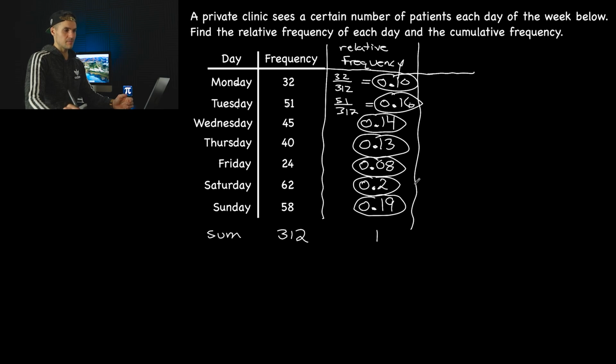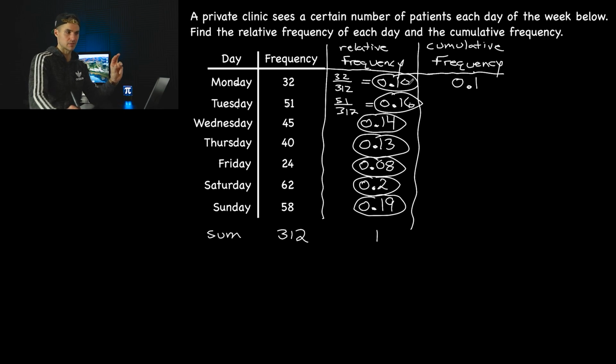The cumulative frequency is pretty simple once you have the relative frequencies. You're going to have 0.1 right here, because the cumulative frequency is basically how much has happened up to that point, or the accumulation of the relative frequencies up to that point.